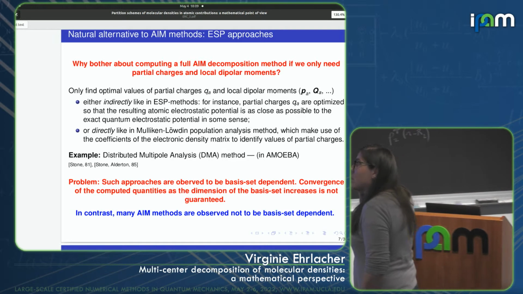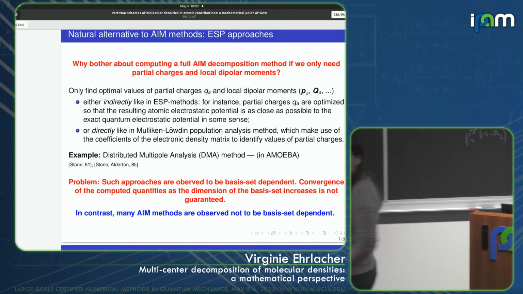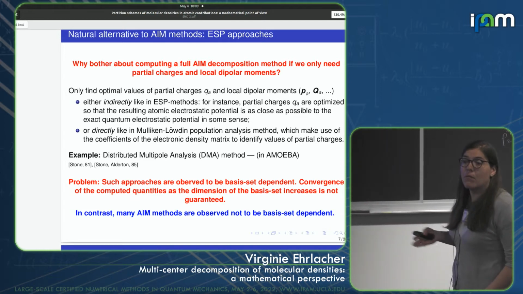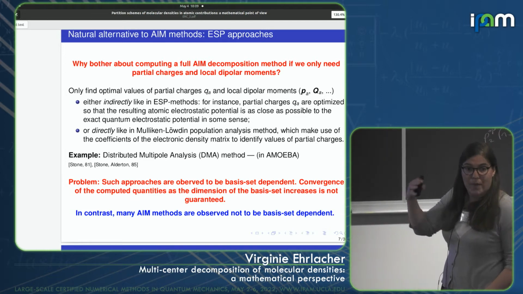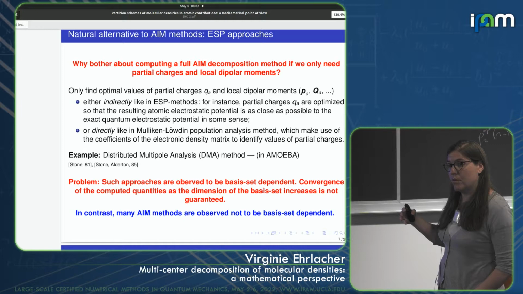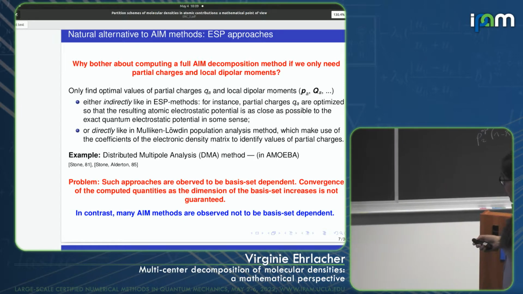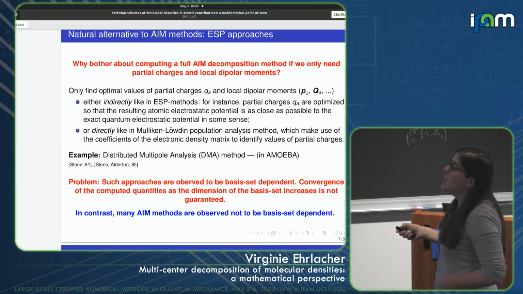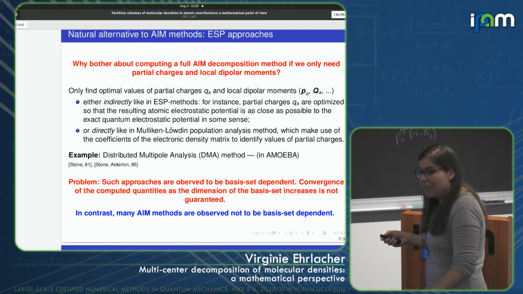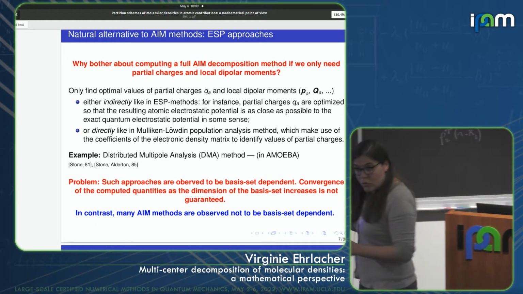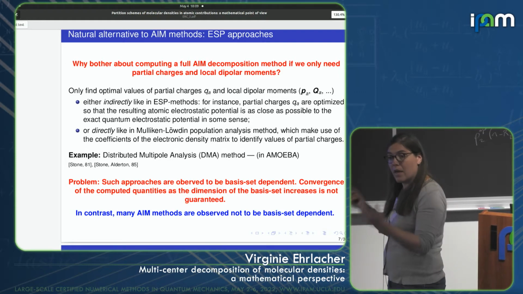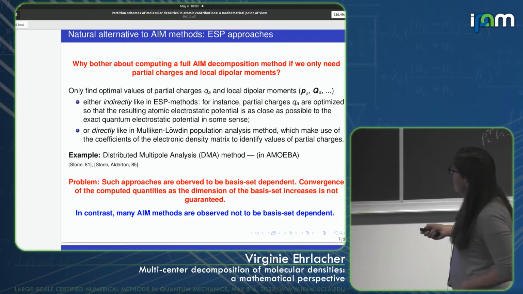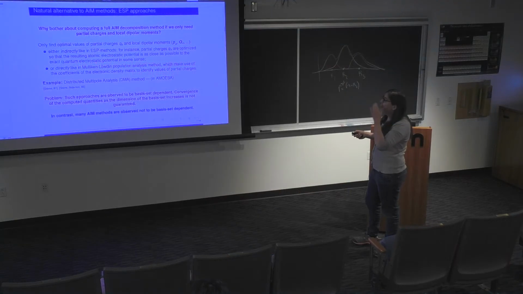But then you would say, why bother computing such a full AIM decomposition if you're only interested in a finite number of scalar local descriptors? Indeed, in many codes, these quantities, partial charges or local dipolar moments, are not computed using AIM decomposition. They are computed in different ways. There are different kinds of approaches there.